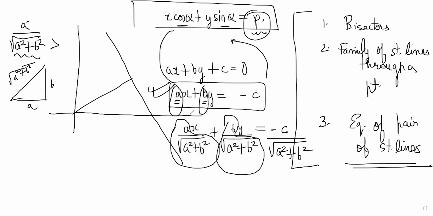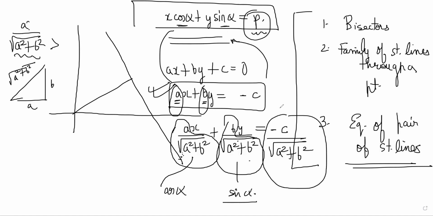You have divided by equal things on both sides so that you can call this cos alpha, and you'll see that this square plus this square is 1, so this is sin alpha. Then this fits the whole equation, and now you can say that this part should be my p.